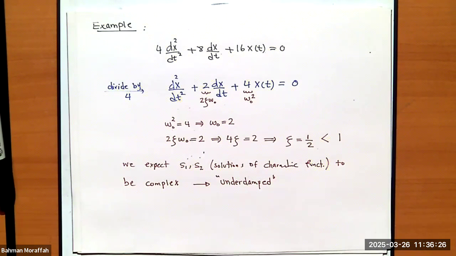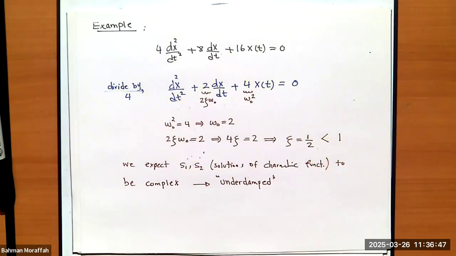Again, we can use the formula that we had last time to find S1 and S2. S1 is negative c omega naught plus i omega d, and omega d was omega naught times the square root of 1 minus c squared.